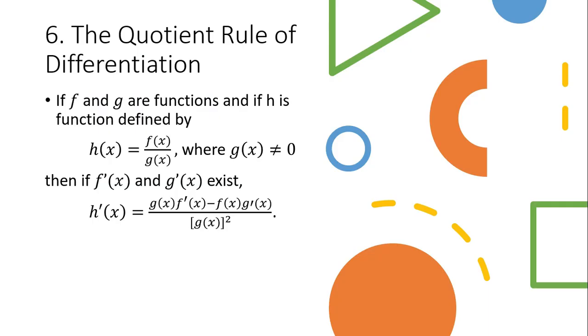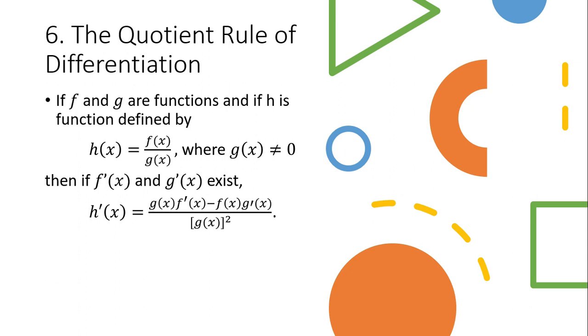We have the sixth rule. Ang tawag sa kanya, the quotient rule of differentiation. Ang sinasabi niya is if f and g are functions and if h is a function defined by h of x equals f of x over g of x, where g of x is not equal to 0, then if f prime of x and g prime of x exist, h prime of x is equal to g of x times f prime of x minus f of x times g prime of x all over the square of g of x.